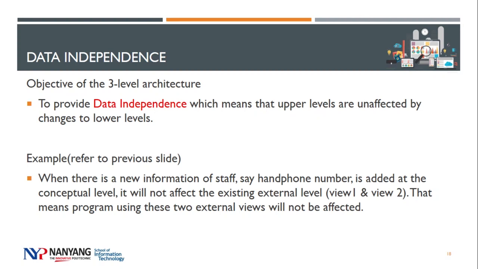For example, when new staff information, say a handphone number, is added to the conceptual level, it will not affect the existing external views, view 1 and view 2. So what this means is that the program users at the two external views are not affected even as I make changes to the data at the lower levels.